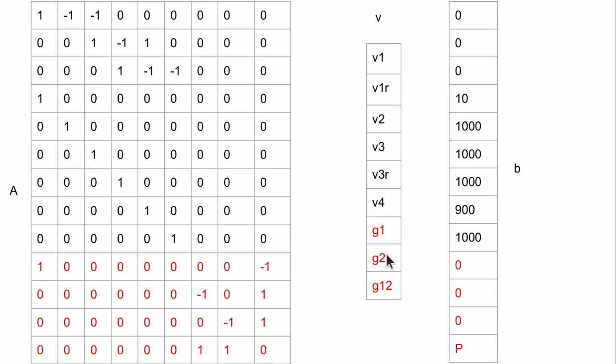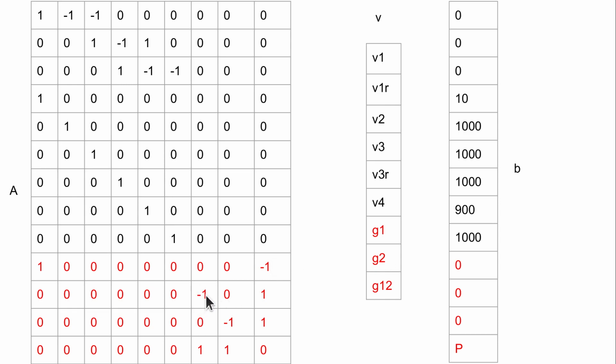And the requirement that G12 is also less than G2 is represented by the same, just with an element here corresponding to minus G2 instead of minus G1.